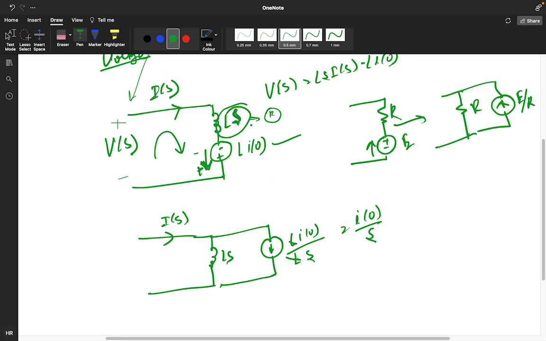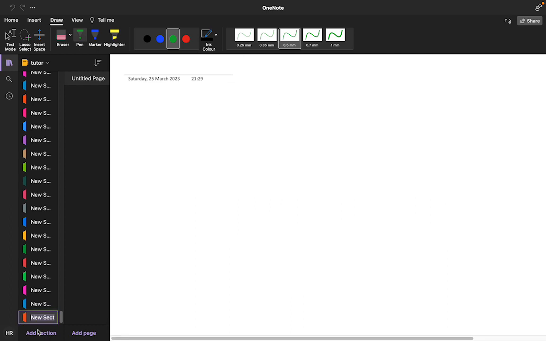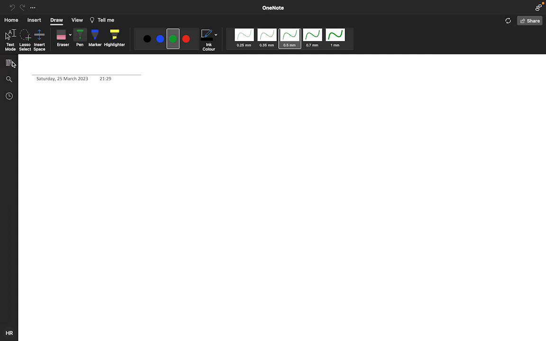It's a reactance basically, and this is my voltage. So I divided this voltage by this reactance, and I am getting a current source I of 0 by S, and this will come in parallel. Is this clear? Priyanka, is this clear? Yes, sir. Okay.